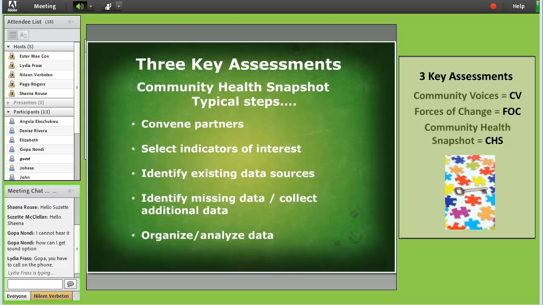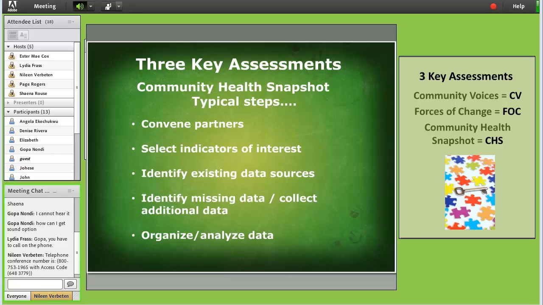So some of your key stakeholders might be foundations, organizations like the United Way, who typically have funded community health assessment work. And hospitals are now required to complete community assessments, so they're also a good partner to consider.